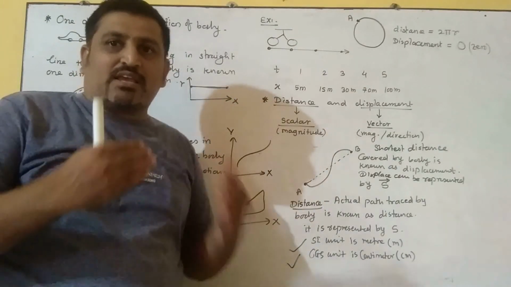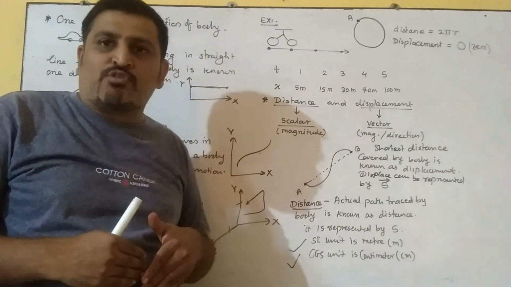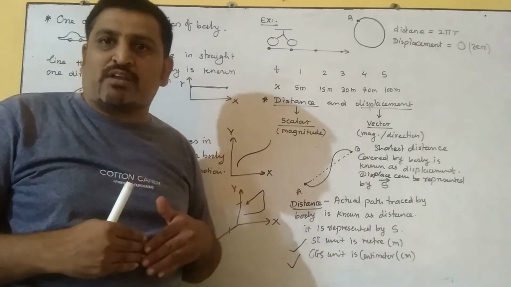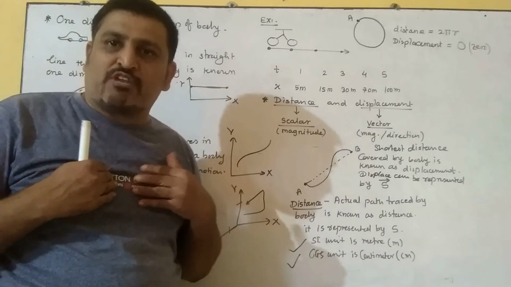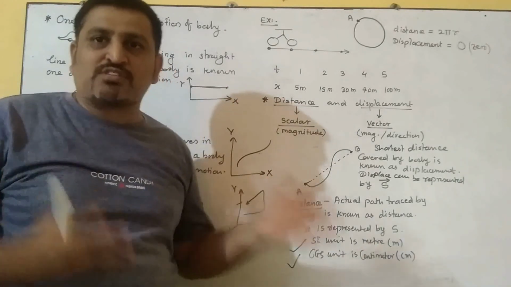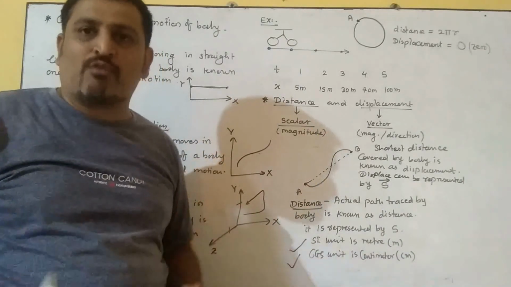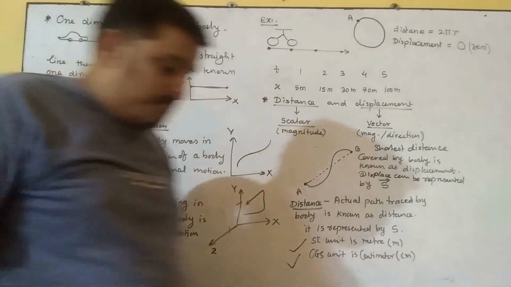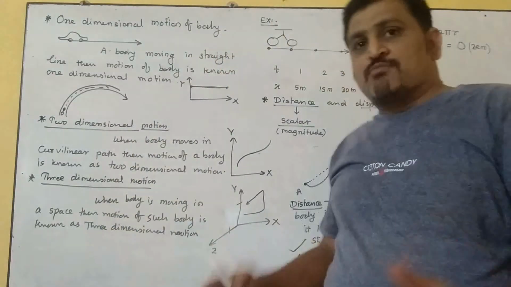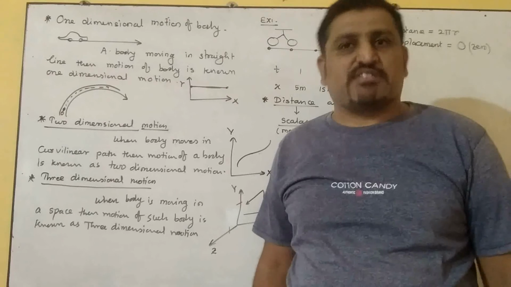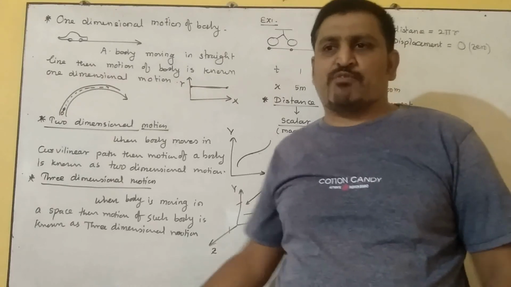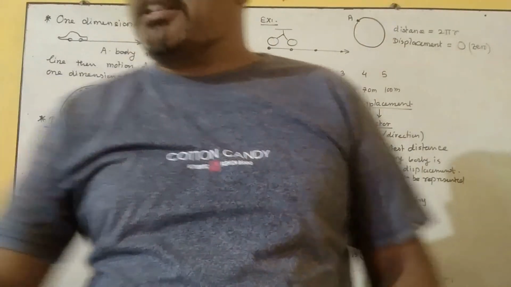But I came back to my original position. So if we talk about the displacement, the displacement of my body is zero because I come back to my original position. So whenever the body comes to its original position again, we can say that the displacement is zero. This is the simple difference between the distance and the displacement.